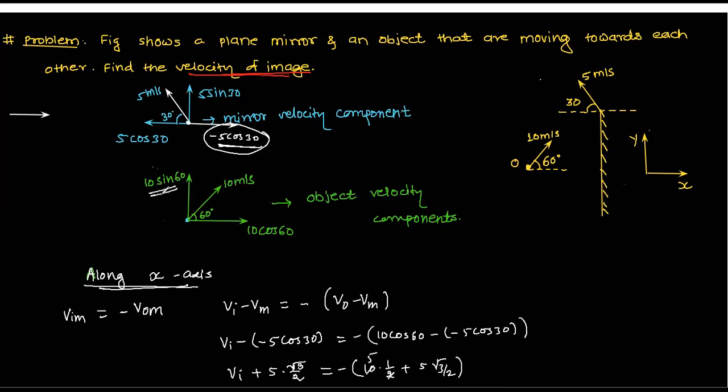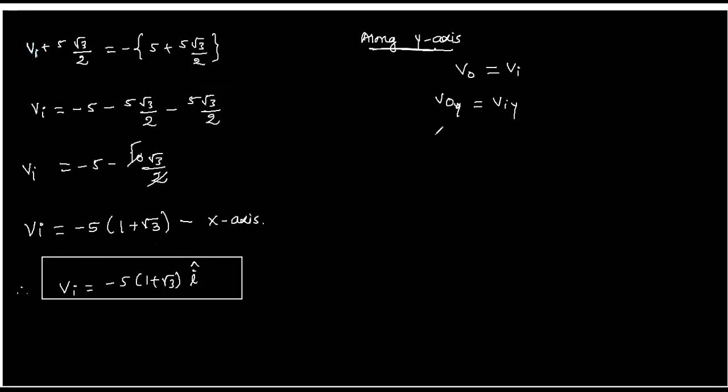This is the object, O means object, and M is for mirror, you can note down in the diagram. So this is common, and therefore the velocity of image along the y-axis is equal to 10 sine of 60.